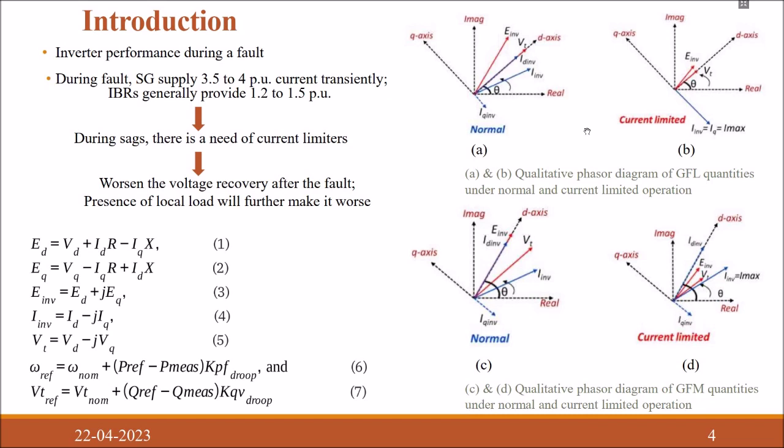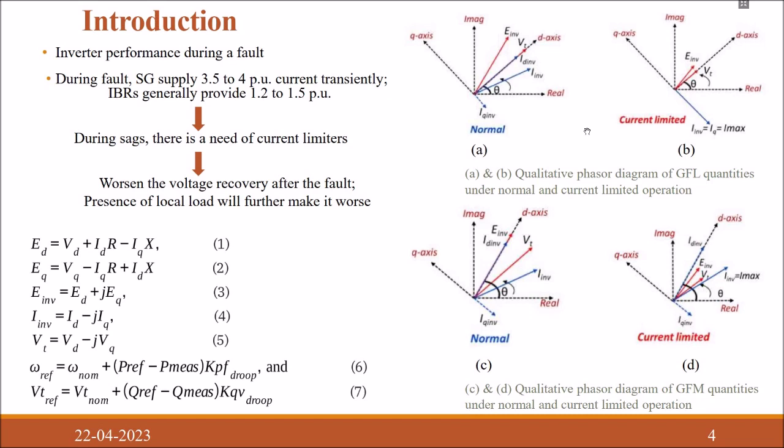However, because of these current limiters, there is a bad effect on the voltage recovery after the fault. And if there are local loads present between the grid and our inverter, the voltage recovery will deteriorate even more, which we'll see in the following simulations, and which is the main crux of this whole article.